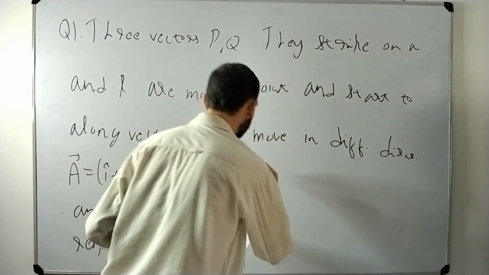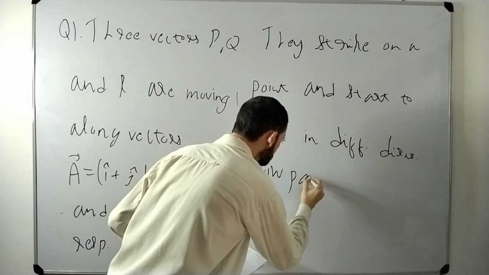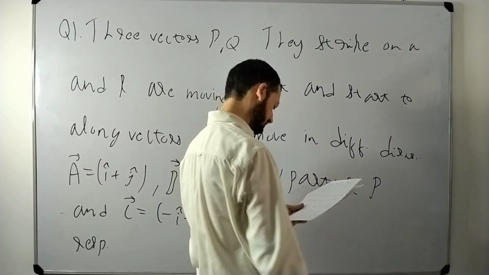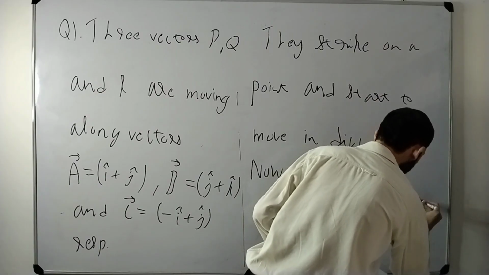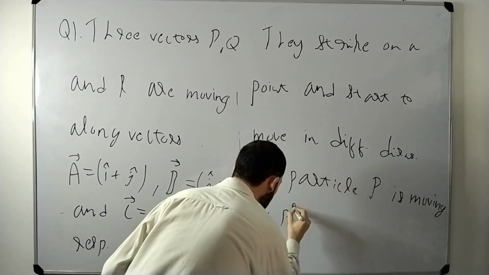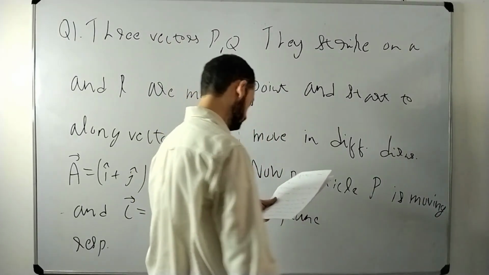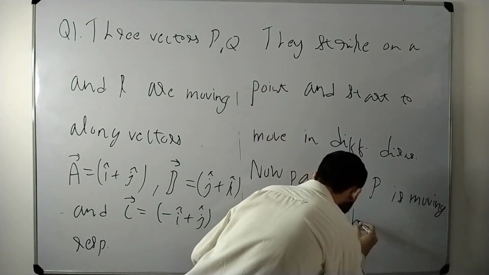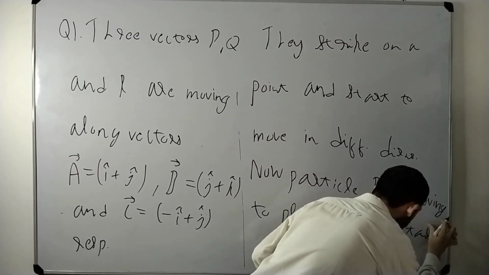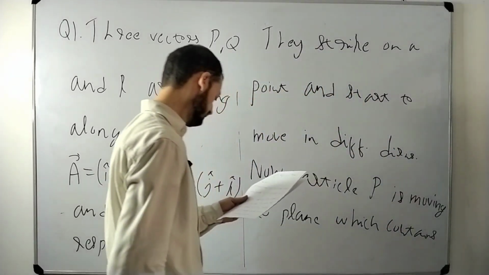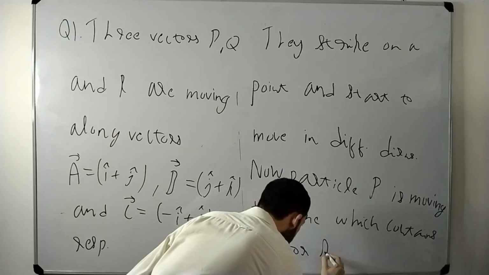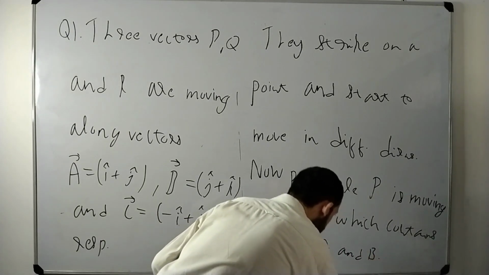Now particle P is moving normal to the plane which contains vector A and B. Okay.